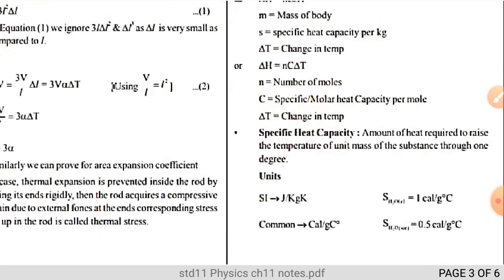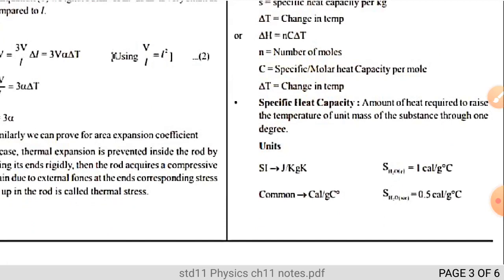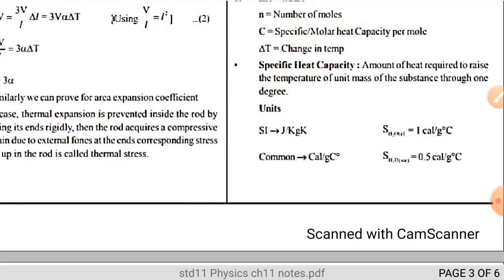So specific heat capacity. What is specific heat capacity? Definition: the amount of heat required to raise the temperature of unit mass of the substance through 1 degree is called specific heat capacity. Simply, the raise of temperature of unit mass.